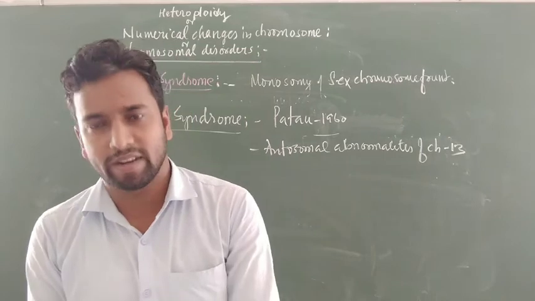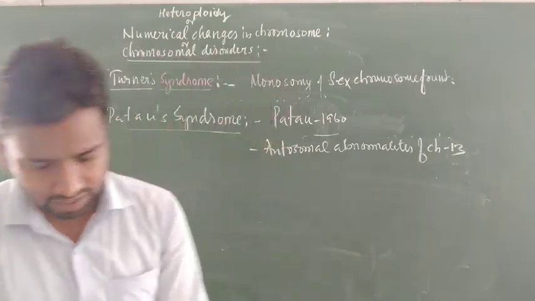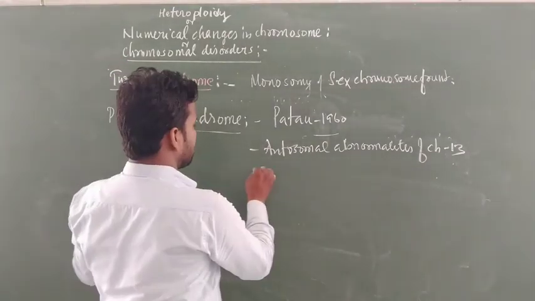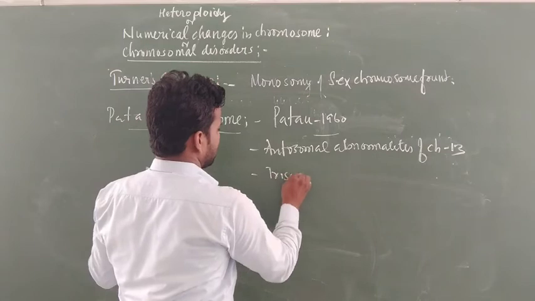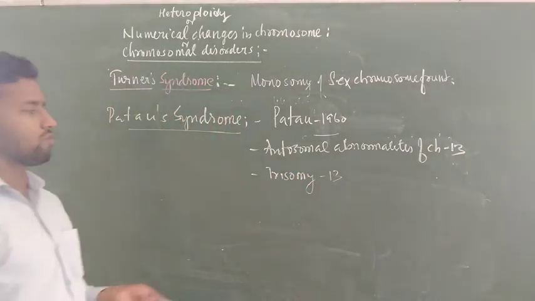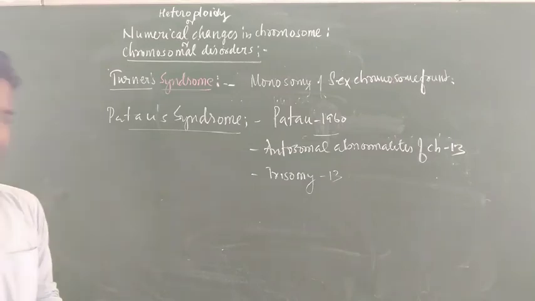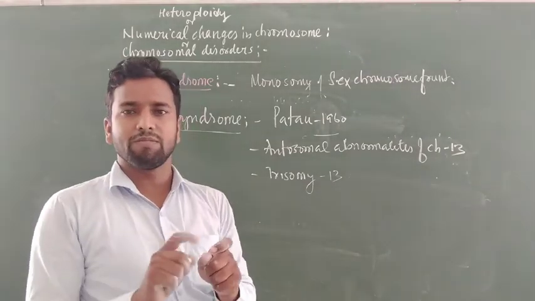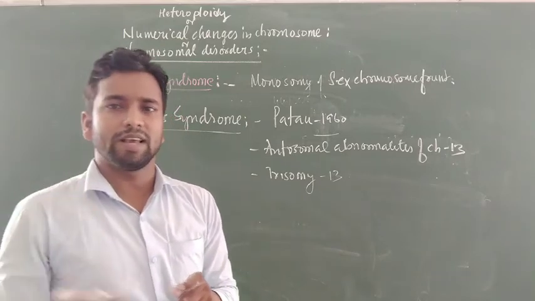This is an abnormality of trisomy of 13 chromosome. Trisomy of chromosome number 13 means at the position of the 13th chromosome it becomes a set of 3.